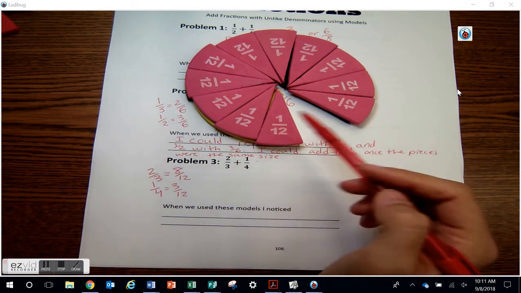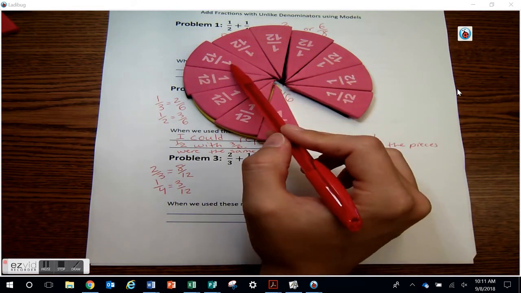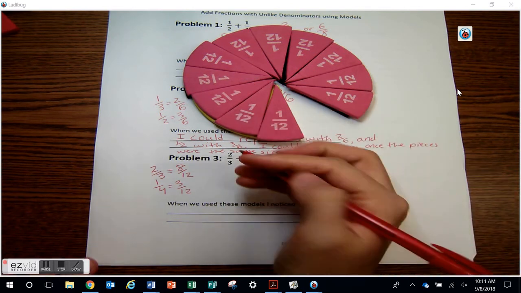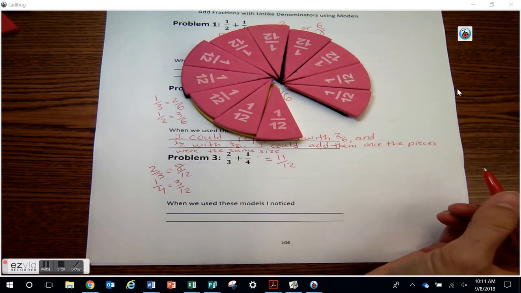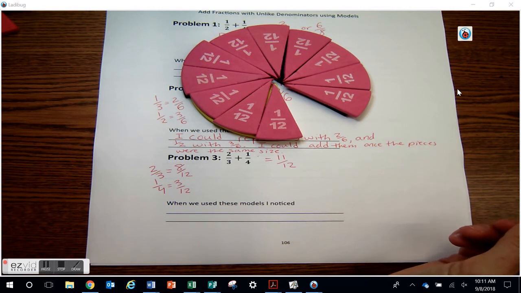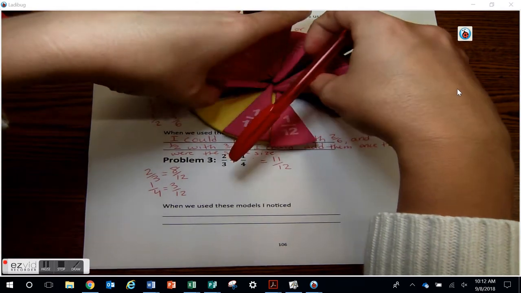Well, how many 12ths do I have now? 1, 2, 3, 4, 5, 6, 7, 8, 9, 10, 11 12ths. 11/12. What did you notice when you looked at these models?